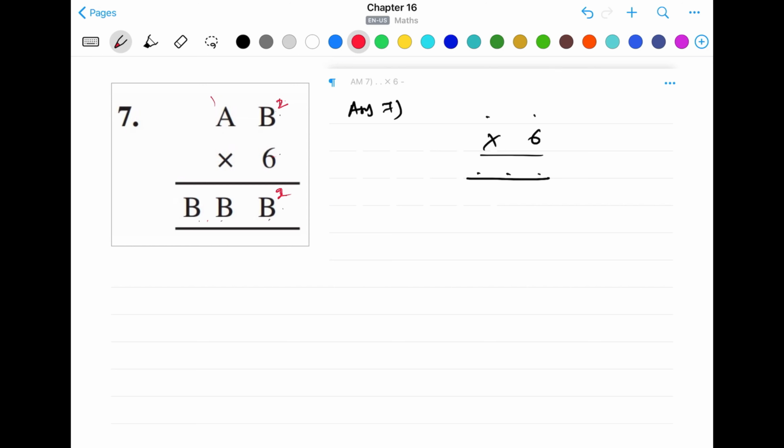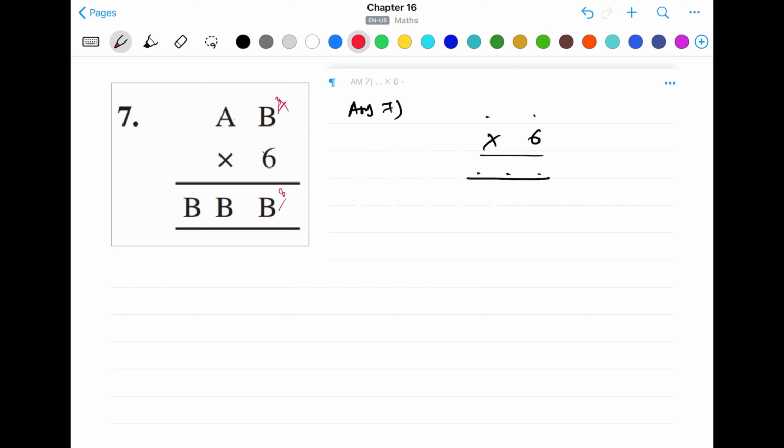We have to take a number such that after multiplying that number by 6 and adding 1 we get the same digit 2 and 2. That means B is already 2 and 2, so we don't have any number which when multiplied by 6 and adding 1 gives us 22. That means 2 is not satisfying the sum. So let's take another value. If we choose 3 here, 6 into 3 is 18, so we are getting different values of B.